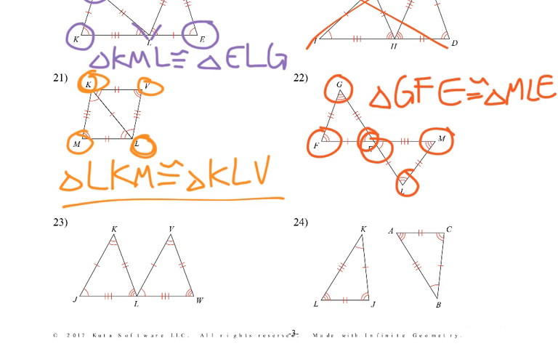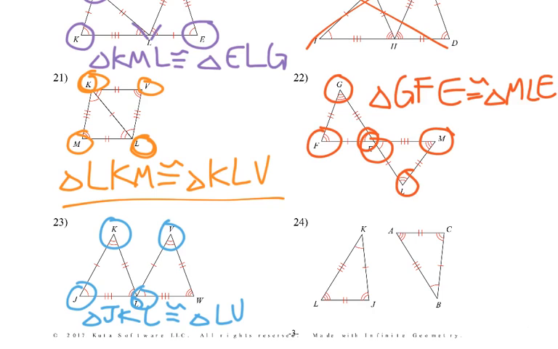Okay, so 23. So triangle J, K, L is congruent to triangle L, V, and W. Okay, now those sides will match up as long as we get the angle, so we don't really have to worry about doing it according to the sides.